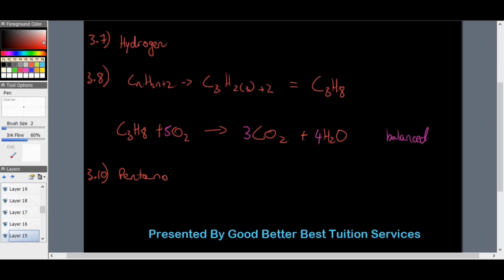Pentanoic acid, a functional isomer. Propyl ethanoate and pentanoic acid both have the same molecular formula but different structural groups. Therefore, they belong to different homologous series. Propyl ethanoate belongs to esters, and pentanoic acid belongs to carboxylic acids.